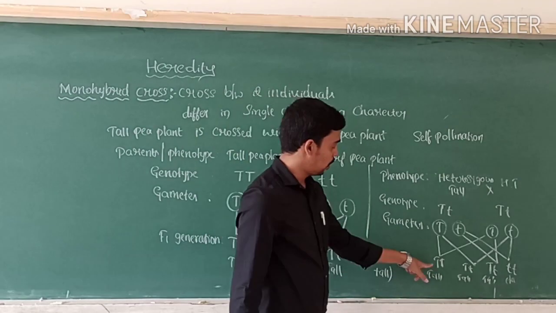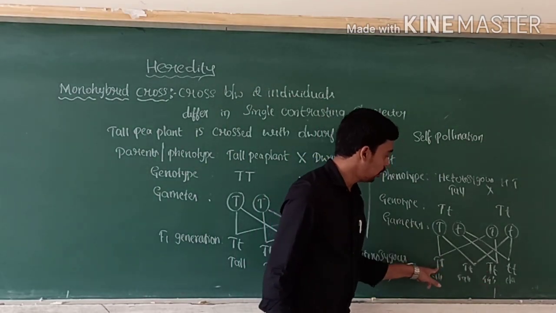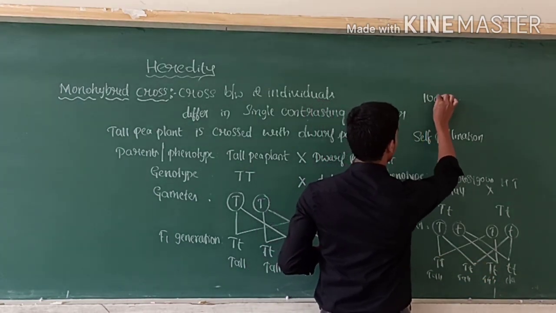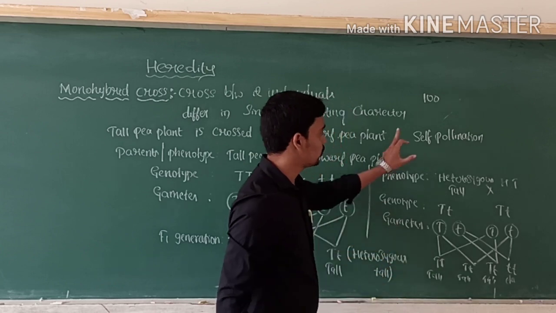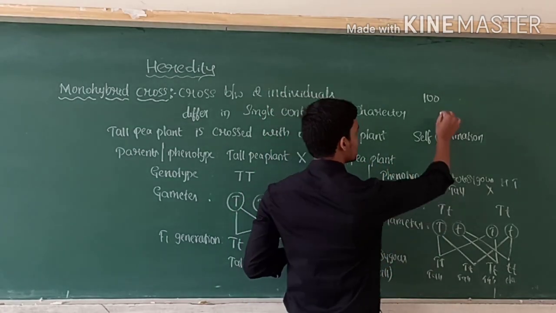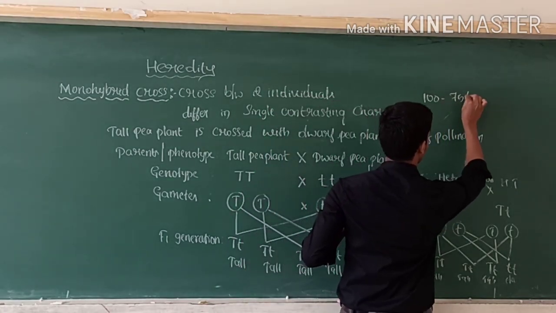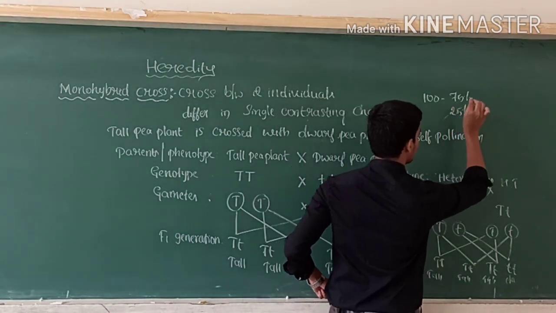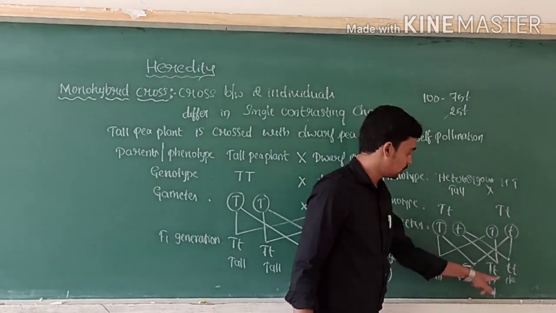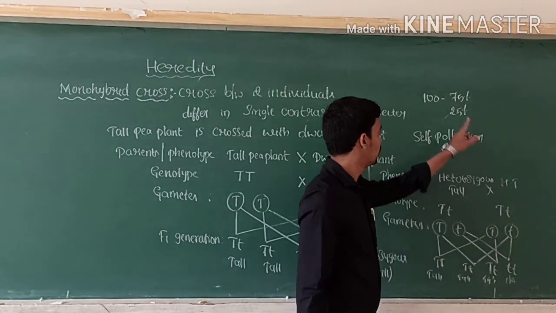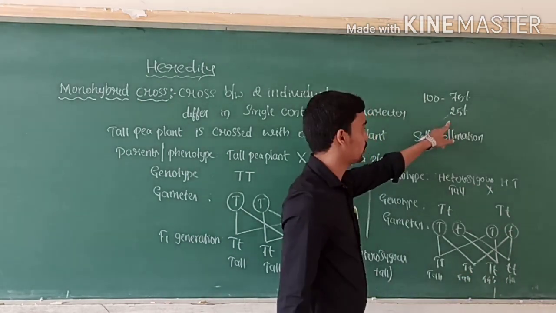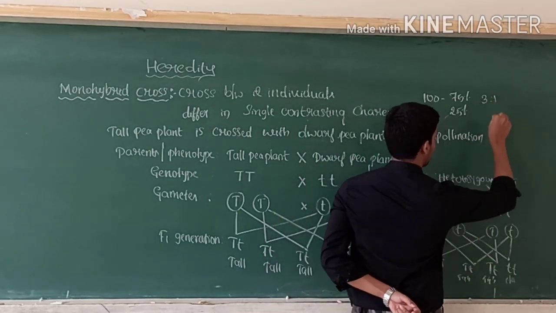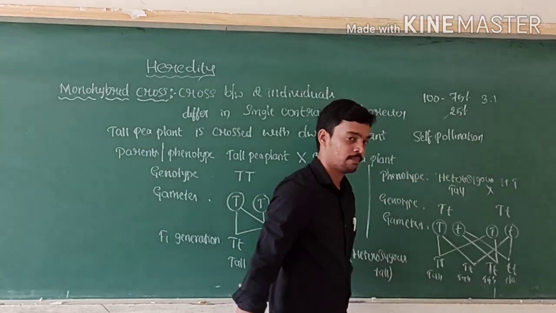Here, 3 are tall and 1 is dwarf. Let's assume 100 plants are there. In that, 75% are tall plants, only 25% are small plants, that is dwarf plants. That is tall character and dwarf character, and the phenotypic ratio is 3:1. 3 tall and 1 dwarf.